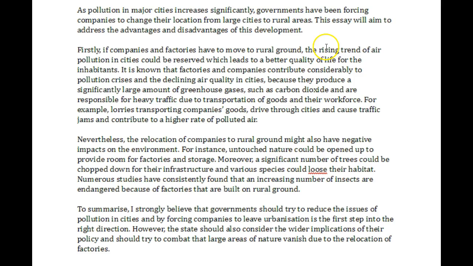Cool. Firstly, if companies and factories have to move to rural ground would be okay, but it doesn't sound very natural, so I would stick to rural areas or rural zones.